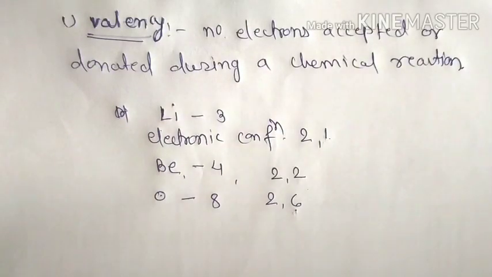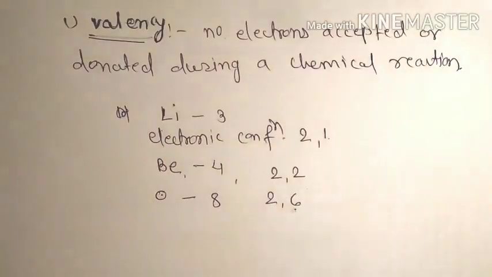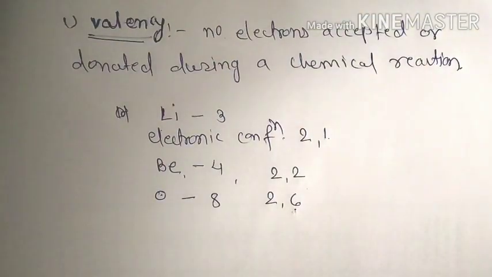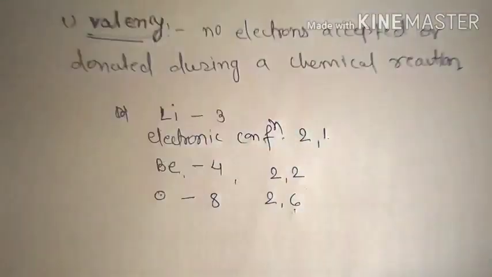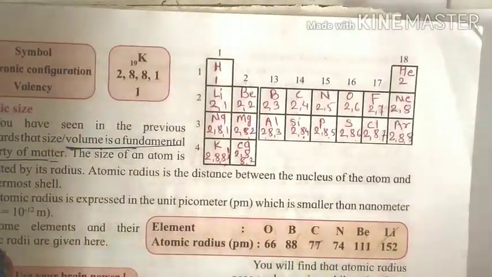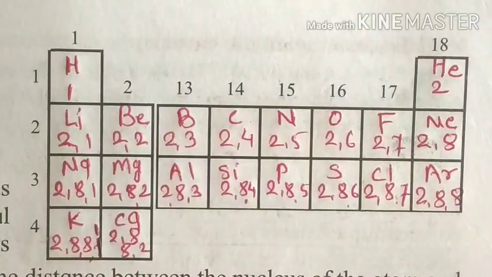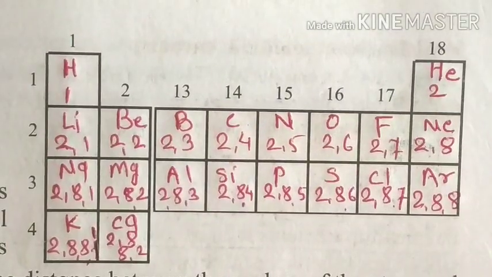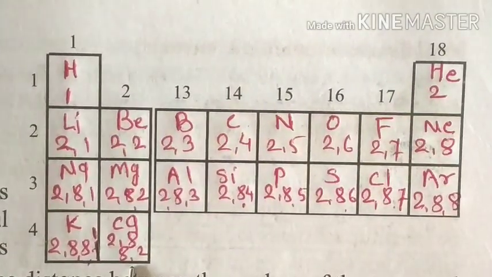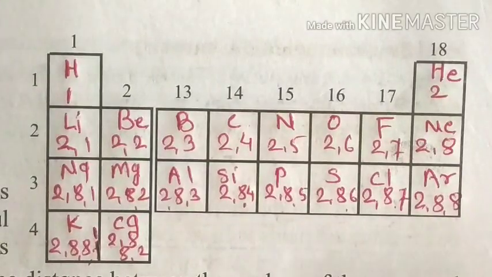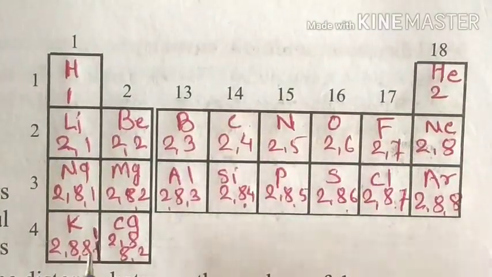Then see, one table is given in the textbook, page number 25. That table also shows the relationship of electronic configuration and the valency of elements. It is made on the basis of electronic configuration in the modern periodic table. Electronic configuration of the first 20 elements is written here.